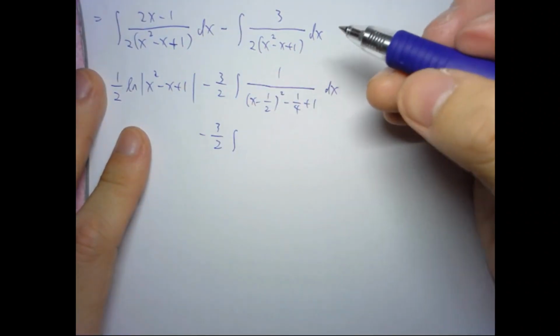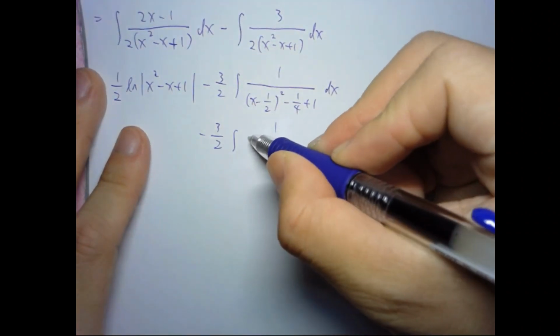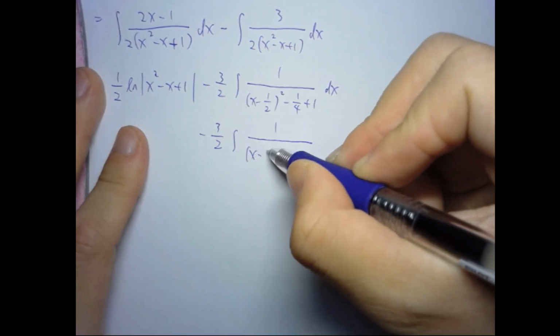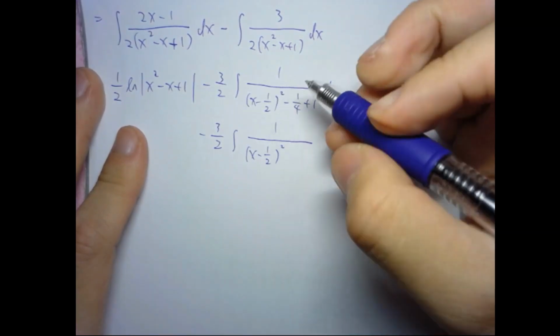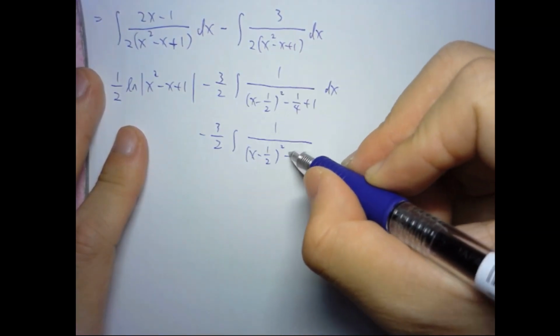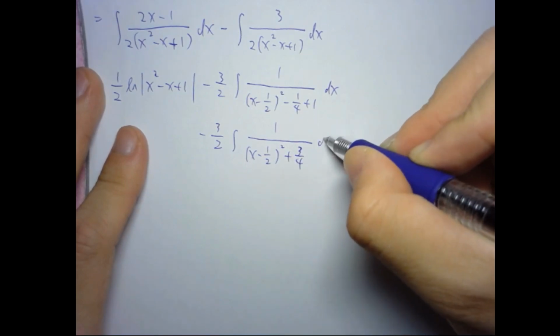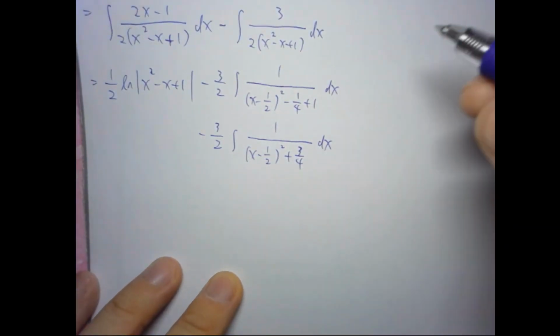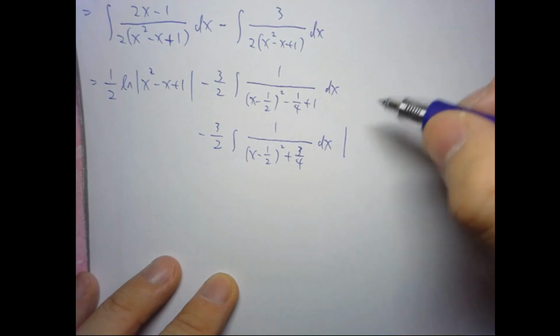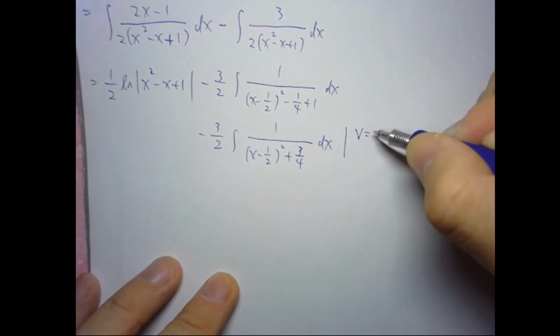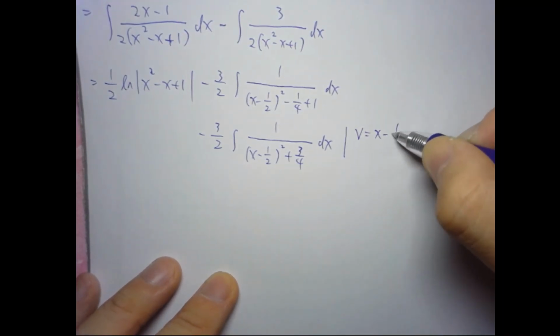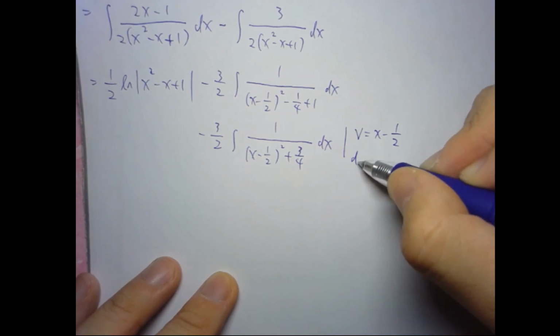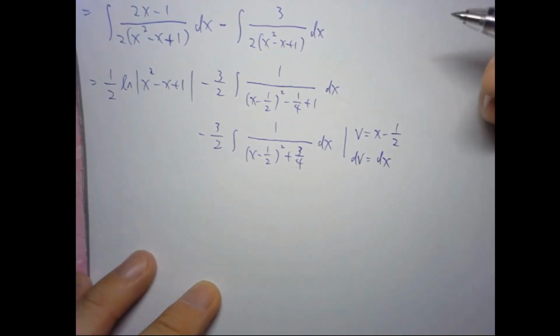Okay, this one: 1 over x minus 1 over 2 squared plus 3 over 4. So it's very similar to the previous one. We let another v equal x minus 1 half, and then dv equals dx.